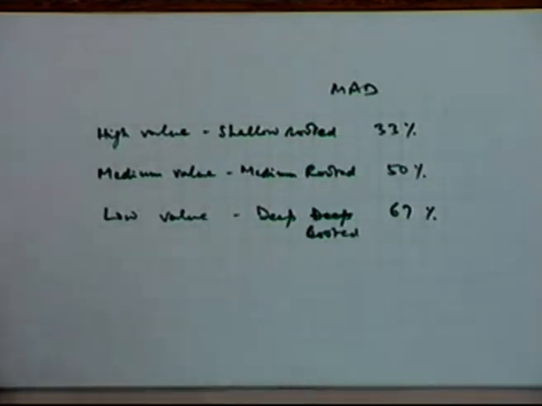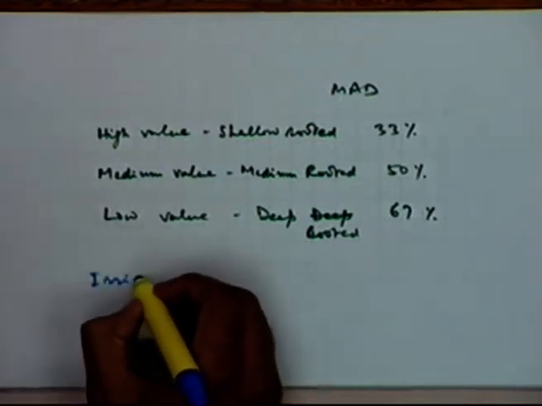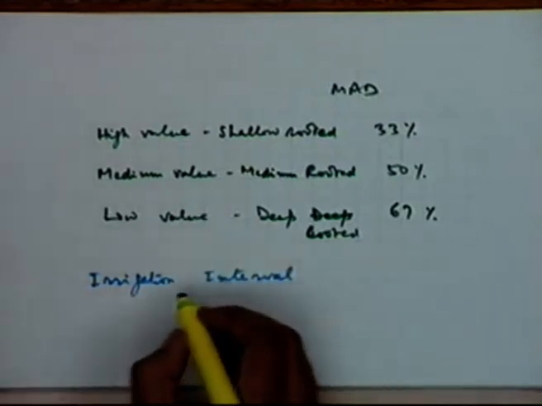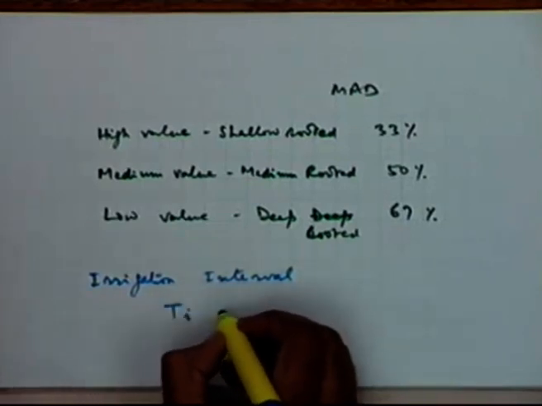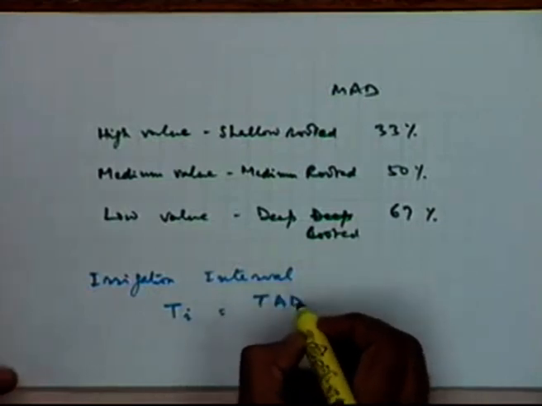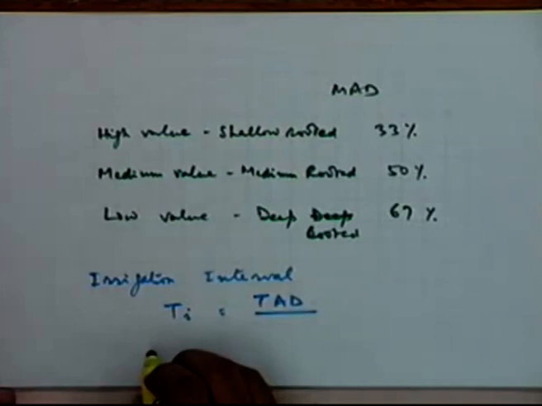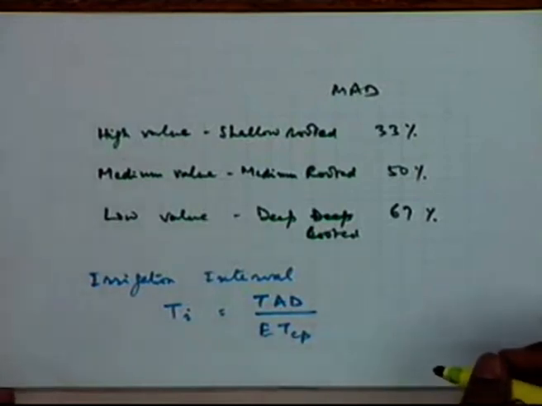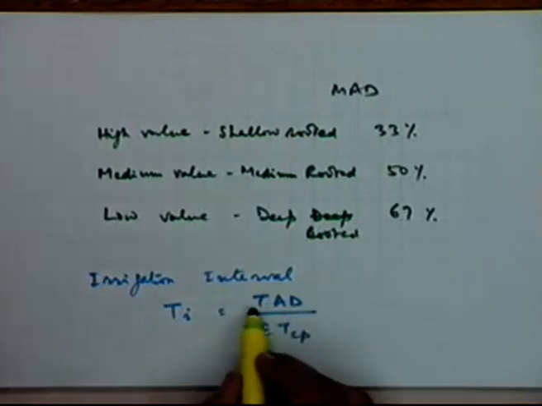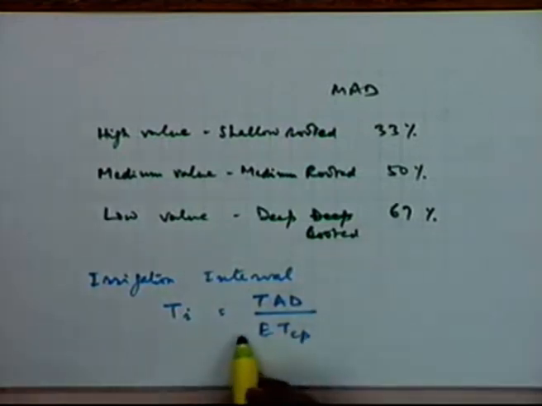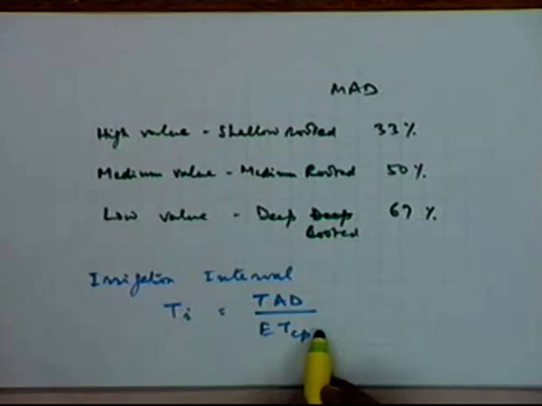Now the irrigation interval, if we say that Ti is the irrigation interval, is nothing but total allowable deficit divided by the rate at which this deficit is being created, or the availability of moisture, because that is what you would like to replenish, and then at this rate this is going to be lost.